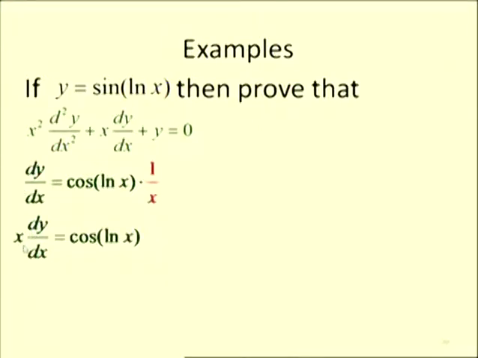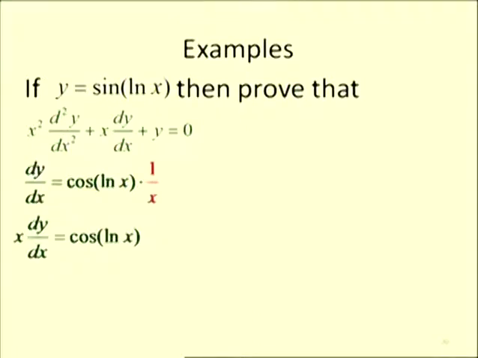Now differentiating this equation with respect to x. Here we are having a product of two functions, that is x into dy by dx. So we use the product rule here, that is derivative of a product of two functions, that is we differentiate the first keeping the second constant plus differentiation of the second keeping the first constant.